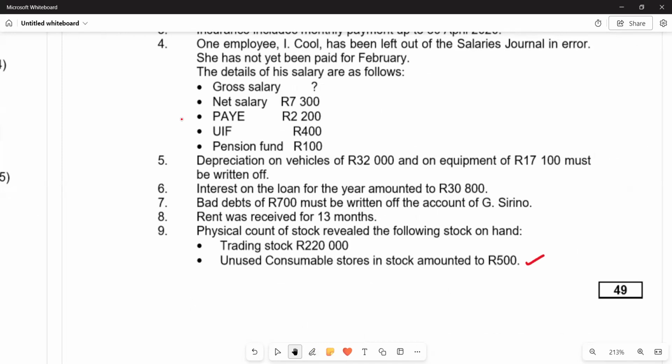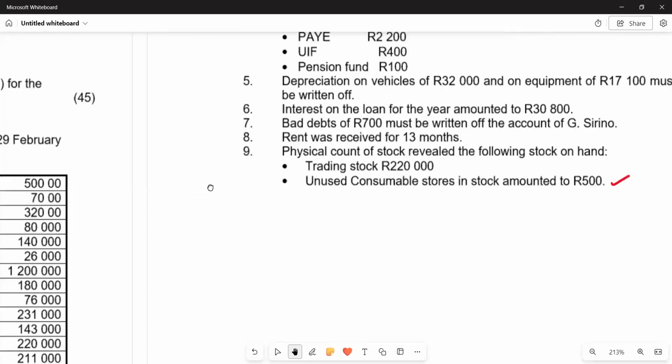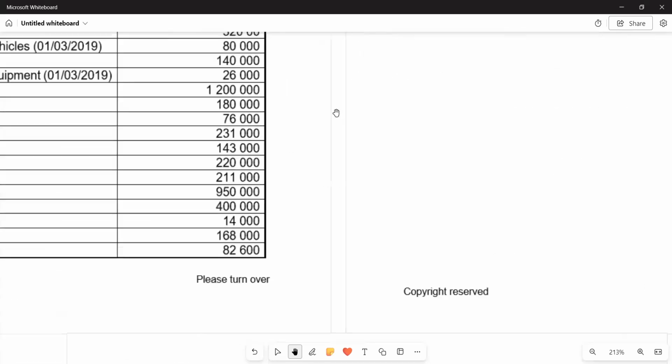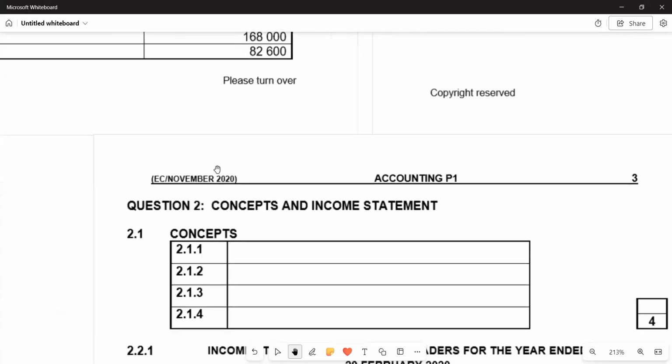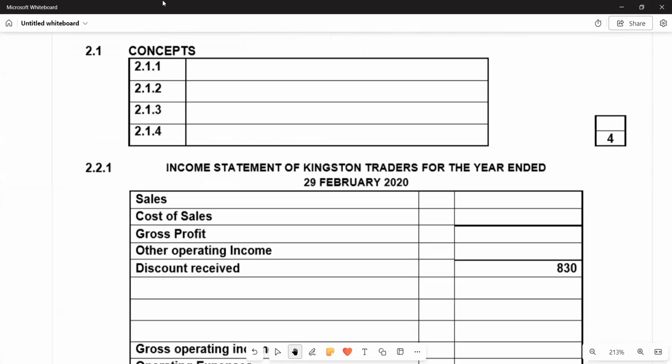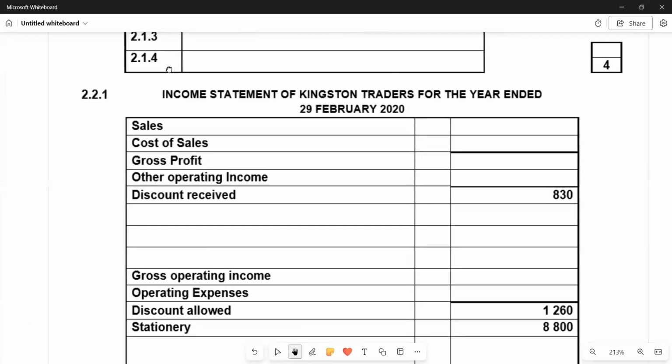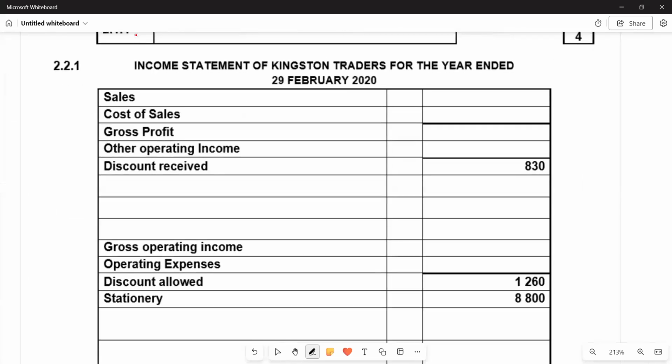We go back now to our answer section. We've got an income statement that is already prepared, that we just need to fill in. So we've got 2.2.1, which reads: income statement of Kingston Traders for the year ended 29 February 2020.